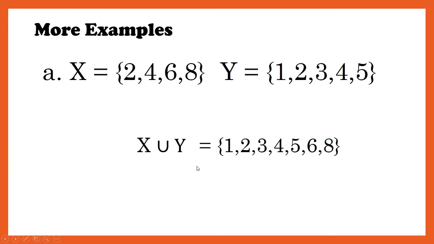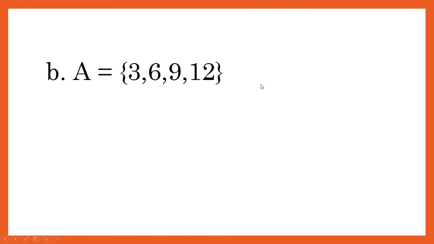Now, for the intersection of X and Y, you get what is common to X and to Y. They have 2 and 4. So that's 2, 4. That's the difference between union and intersection. Another example, letter B. The elements of A are 3, 6, 9, 12.